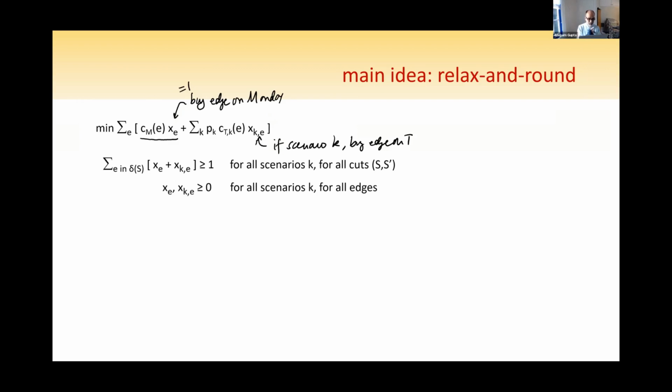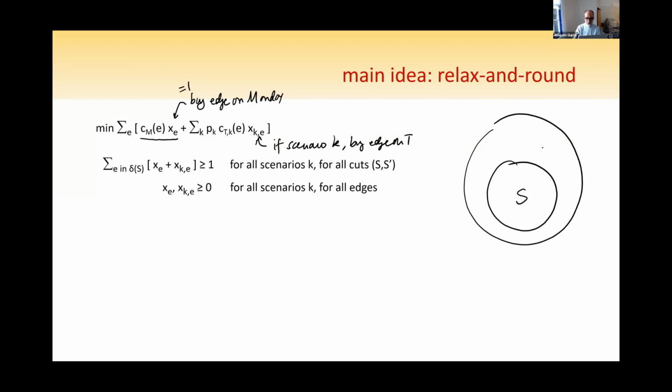Now I'm saying the following thing. Pick a set S and look at the complement of S. Sum over all the edges that go from S to S bar. Delta S is the set of edges leaving the set S. At least one of them must be chosen either on Monday or on Tuesday.